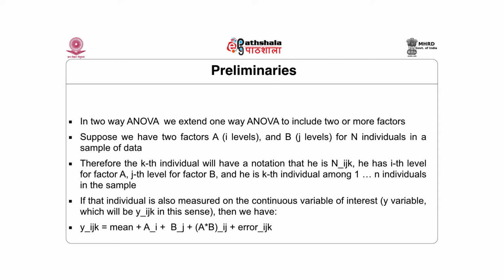Another thing that we noted when we were discussing one-way ANOVA is that when R uses a categorical variable or a factor level variable, R uses the individual levels of that factor, and those levels are organized on the basis of their alphabetical occurrence.